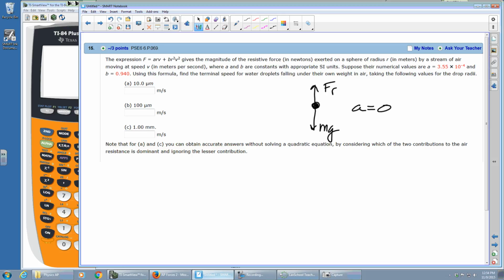These are water droplets, and we know the volume of a sphere is 4/3 pi r cubed. Volume.